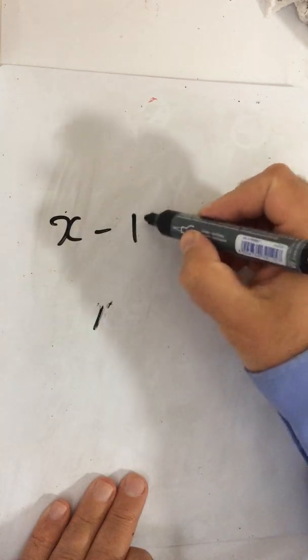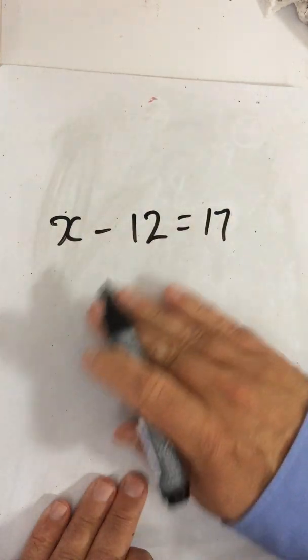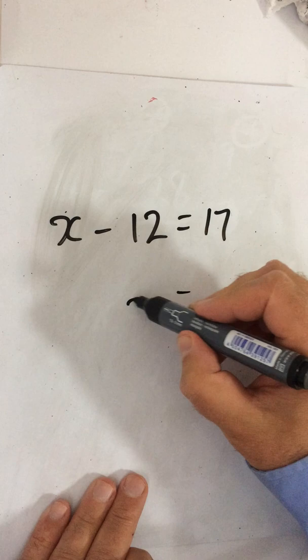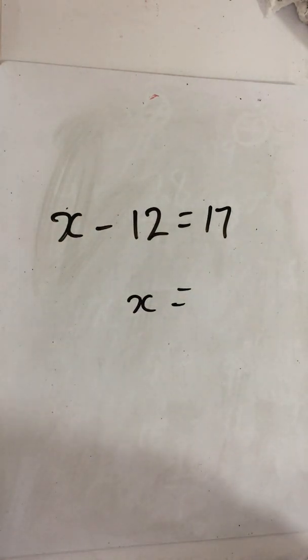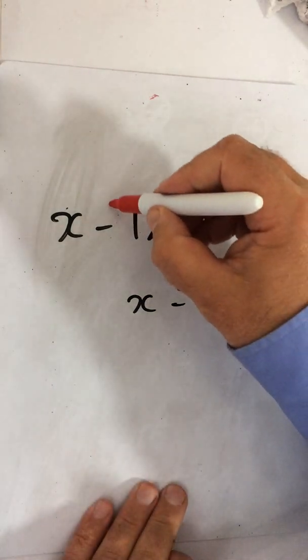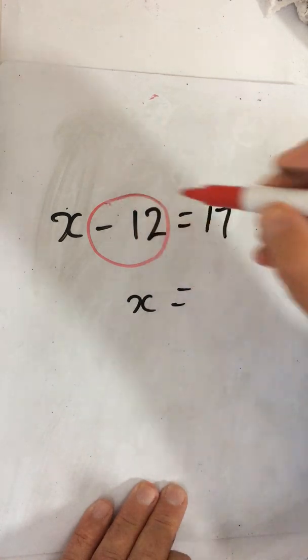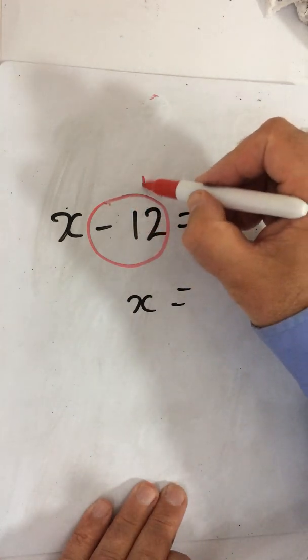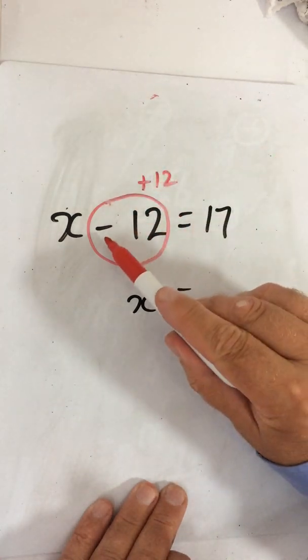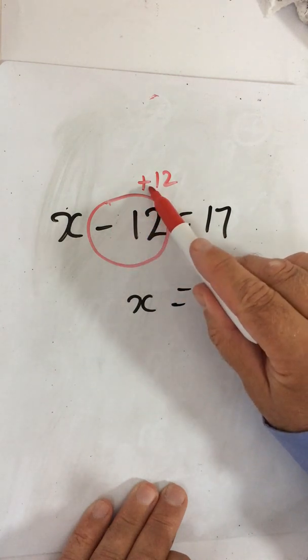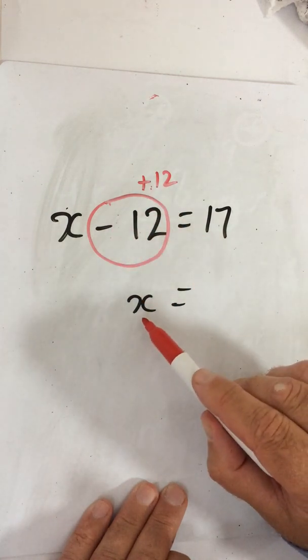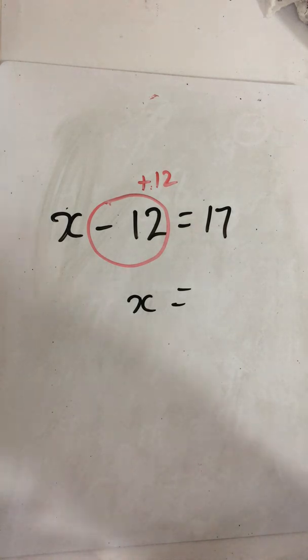Right, let's have a look at x take away 12 equals 17. Again, I want to be left with x here. So this is a negative 12. To get rid of a negative 12, I have to add 12 to it, because minus 12 add 12 leaves me with 0. That would leave me with x on this side.